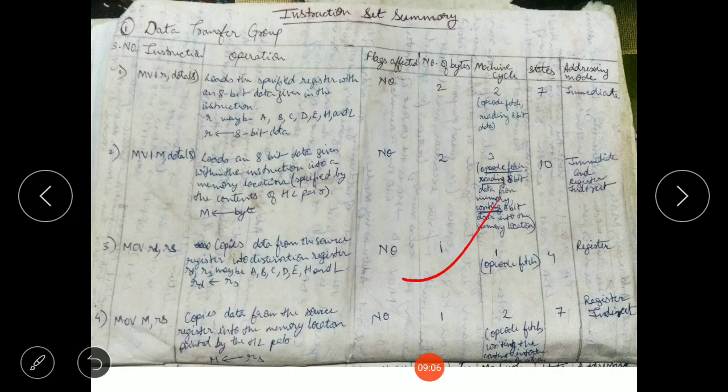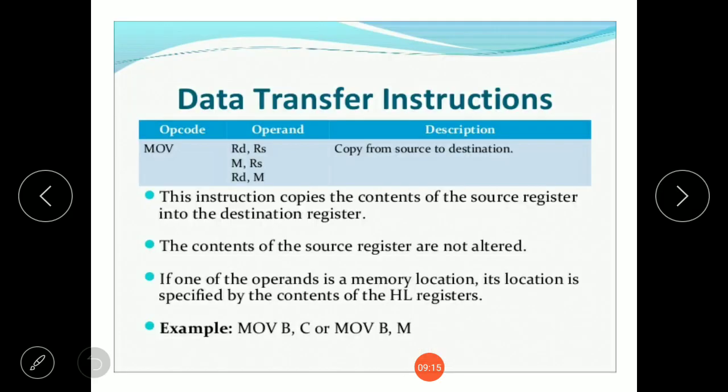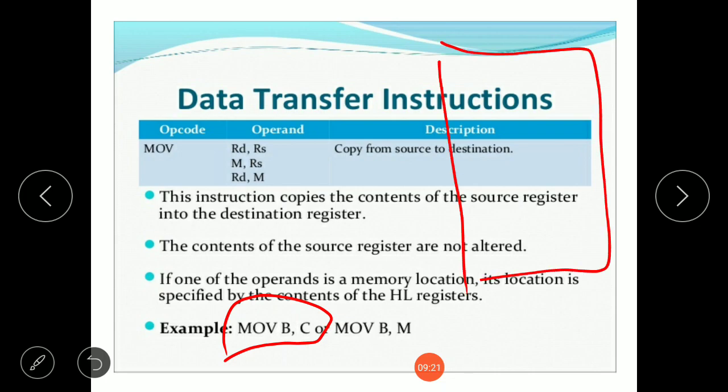Now how many machine cycles will be used for execution of this instruction? Let's see. MOV Rd, Rs, or you can say MOV B, C. If this instruction has to be stored in memory, how will it get stored? Since it is a 1 byte instruction, only 1 byte will get stored.